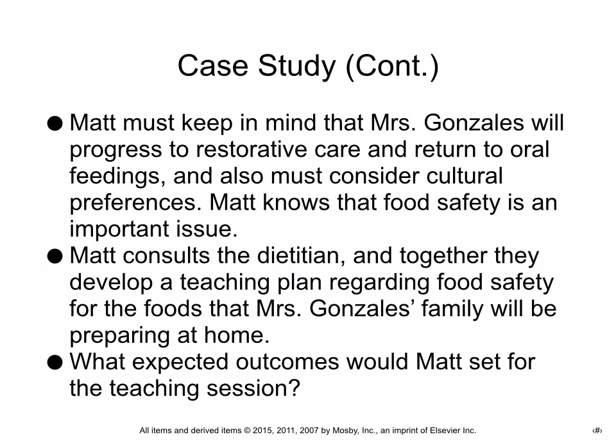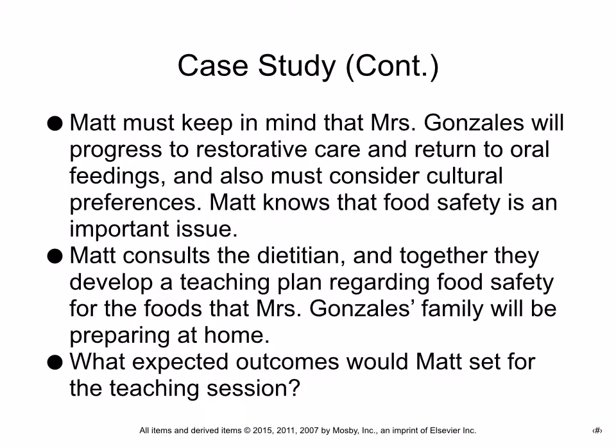Now, Matt, the nursing student, as we were discussing with Ms. Gonzalez, must keep in mind that Mrs. Gonzalez will progress to restorative care and return to oral feedings, and he must also consider cultural preferences. Matt knows that food safety is an important issue. What we are discussing right now is outcomes.